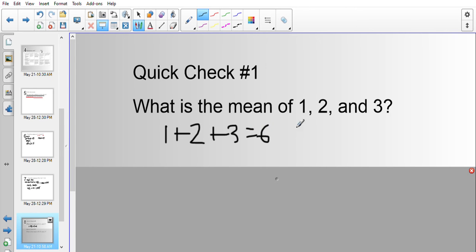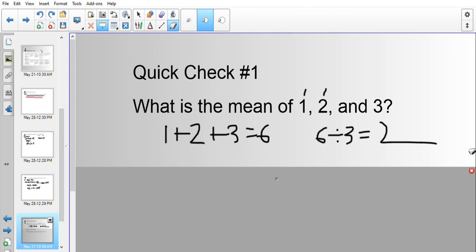And we divide this 6 by the amount of data points, which there were 3. 1, 2, 3. And 6 divided by 3 is 2. So our mean, the mean or the average of 1, 2, and 3, is 2.